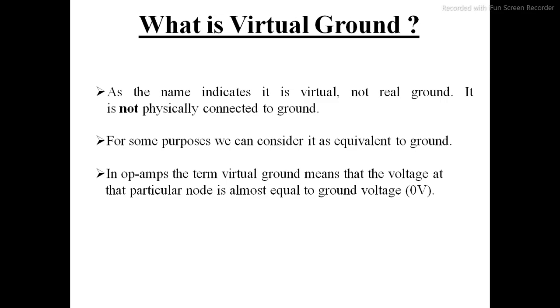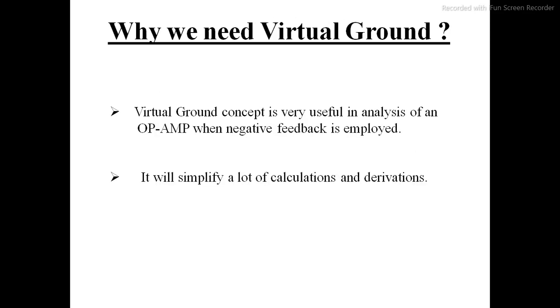In the analysis of the op-amp, the virtual ground means the voltage at that particular point is equal to 0 volt. So why do we need the virtual ground? This makes the analysis very simple, especially when negative feedback is employed.